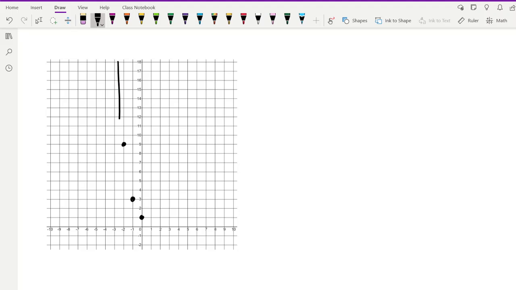So this would be the graph of (1/3)^x, and then it has a horizontal asymptote to the right. So horizontal asymptote at y equals 0. So this would be the graph of f(x) = (1/3)^x.